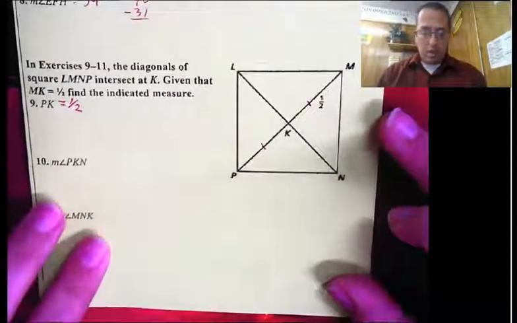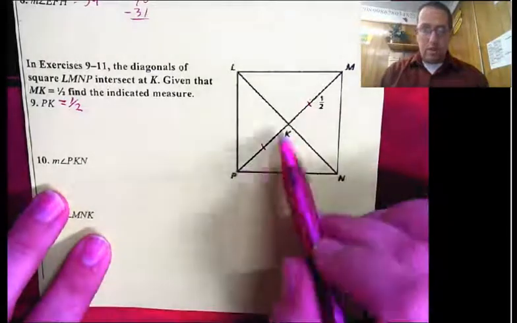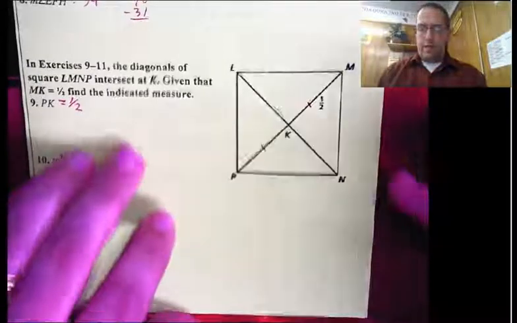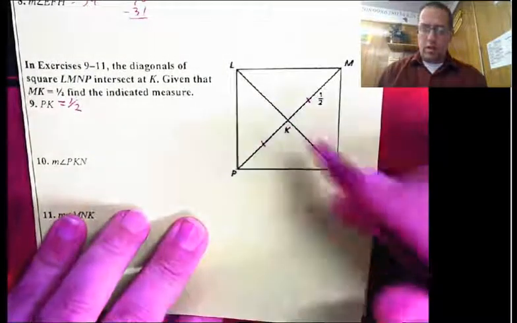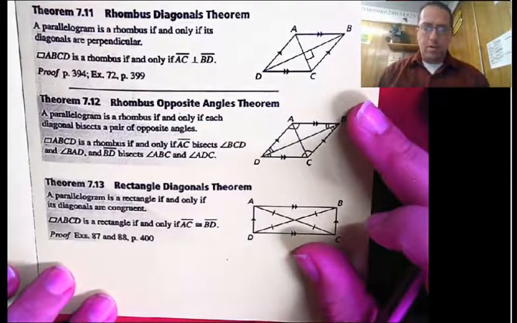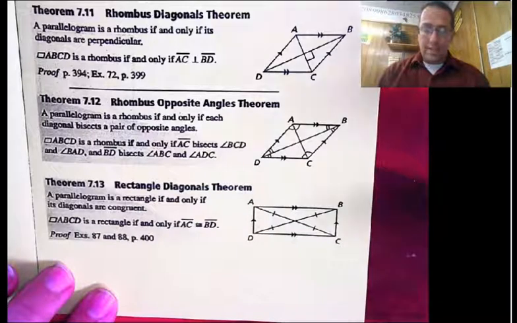All right. Now the measure of angle PKN. Well, what angle do the diagonals intersect at? If you remember, we have no theorems about squares, right? However, we do have theorems about rhombuses and rectangles. And which one says anything at all about the angles of the diagonals?